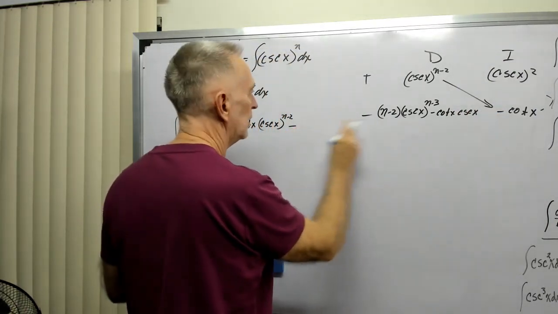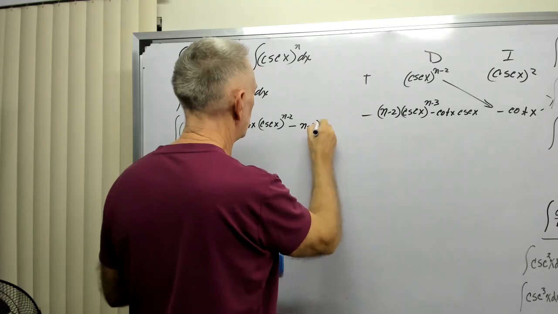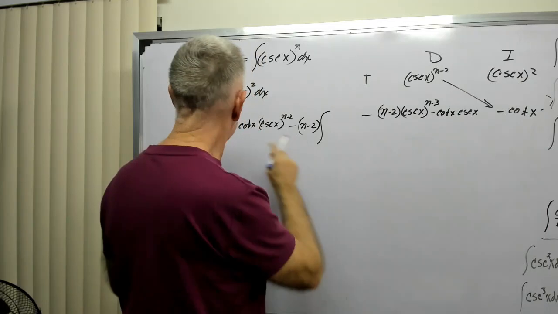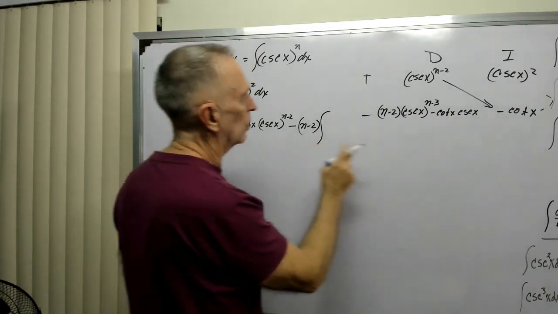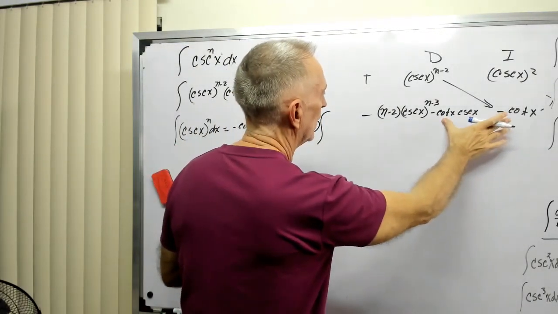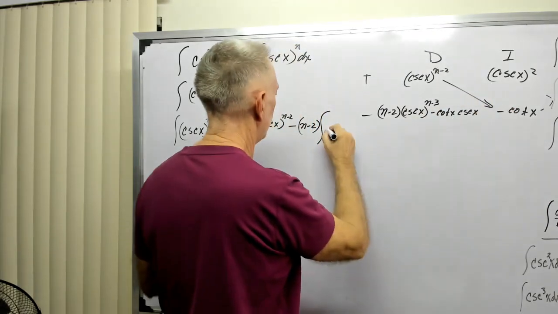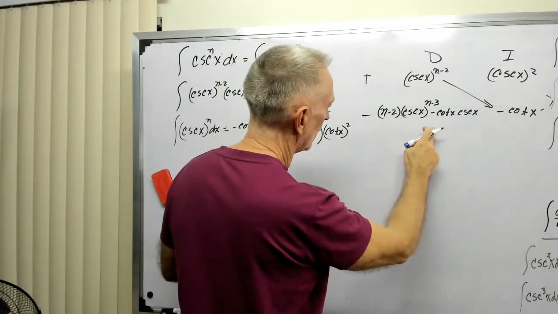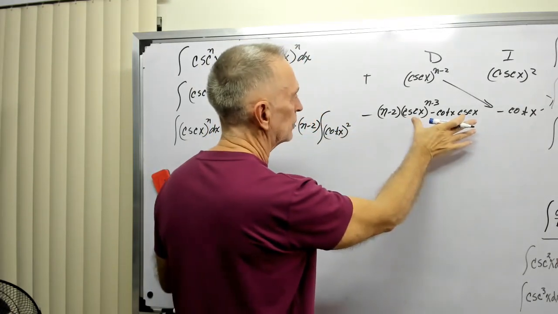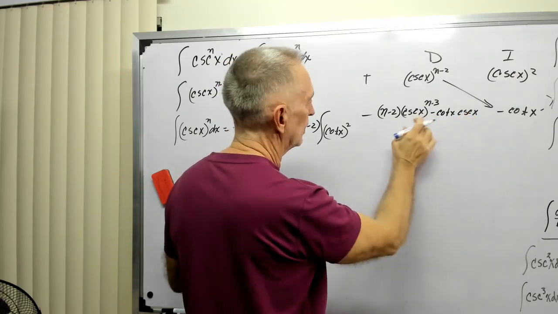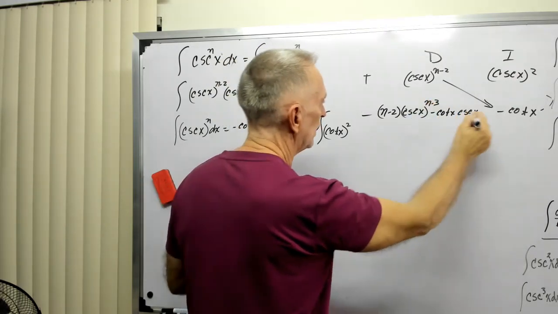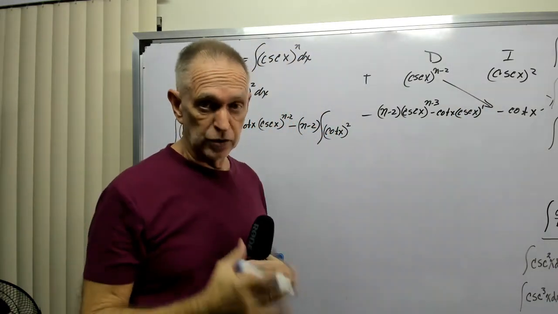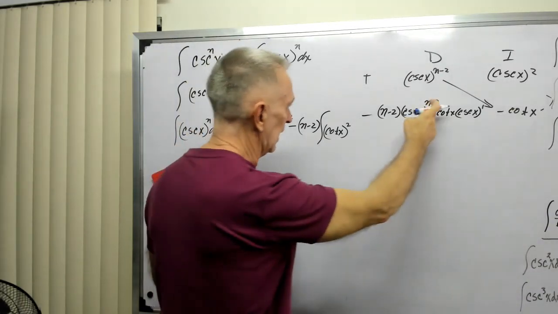So minus n minus 2, which is a constant, we'll put it on the outside. The integral of, I'll keep my cotangent term first, so I have cotangent x times cotangent x, so cotangent x squared. And now I have cosecant x to the n minus 3 times cosecant x to the first, so n minus 3 plus 1 is n minus 2.